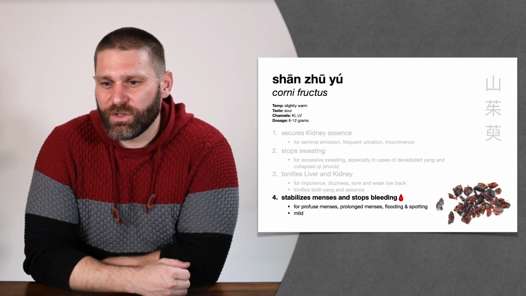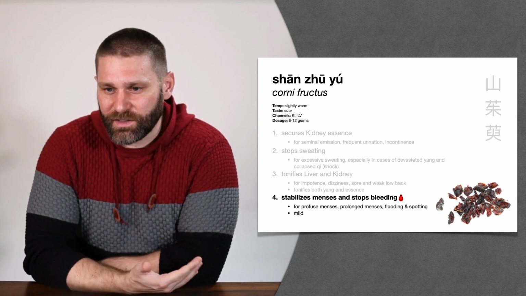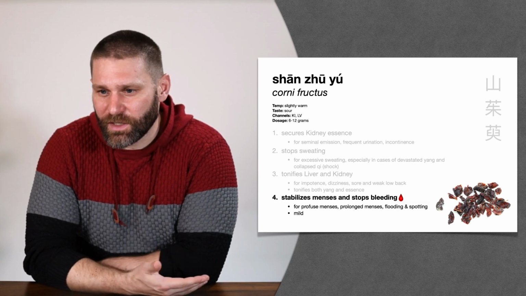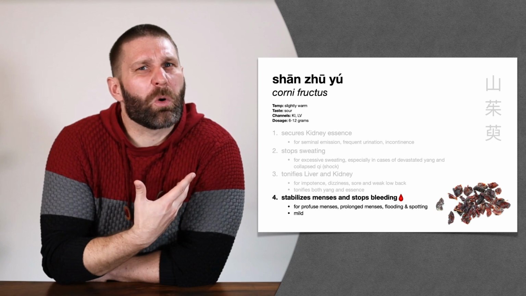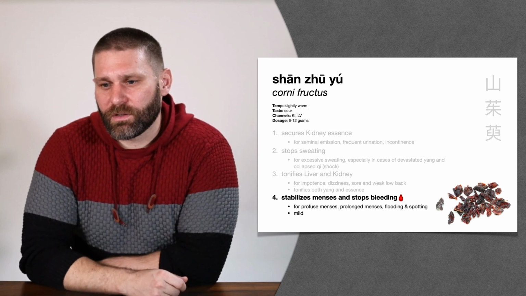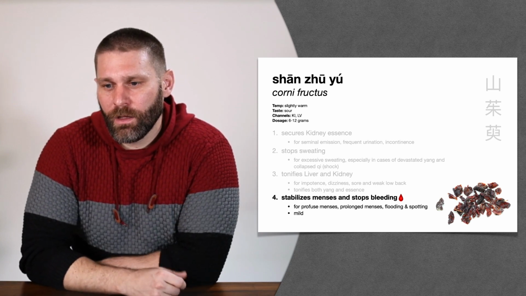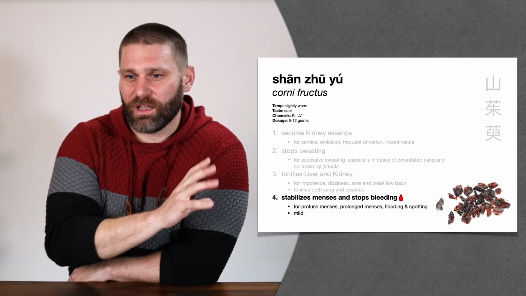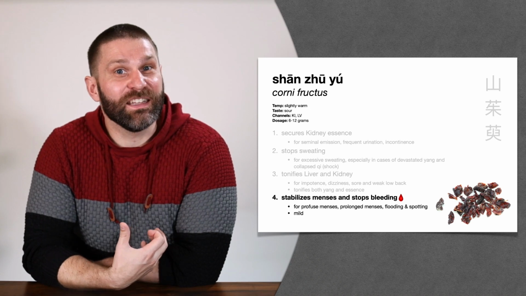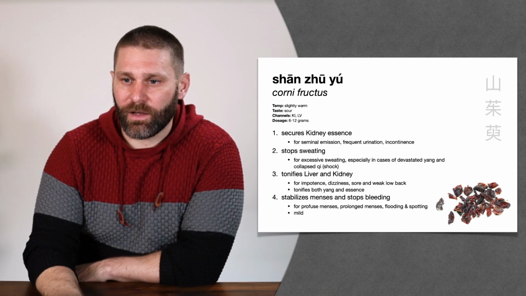And then technically, shanjuyu also does have an action of stabilizing menses and stopping bleeding. So again, profuse menses, prolonged menses, or flooding and spotting. But this one, it's a little bit more mild in terms of its action. So it does stop bleeding. But I think more famously, we should say that shanjuyu is very good for kidney leakage and tonifying kidney yang.